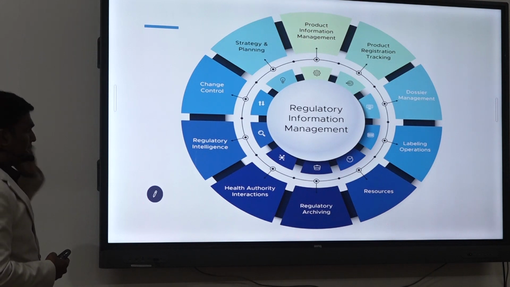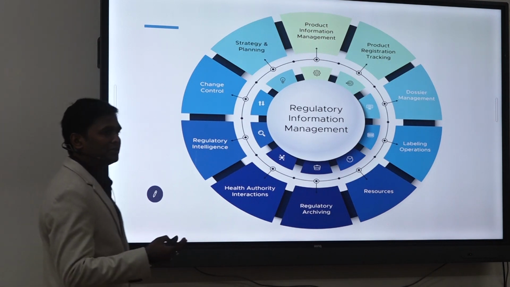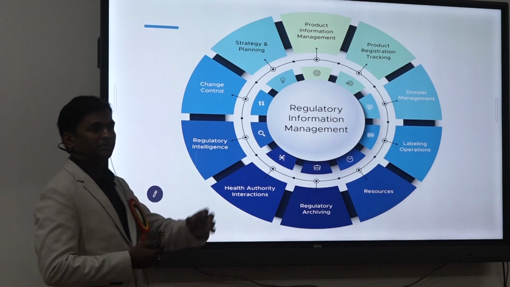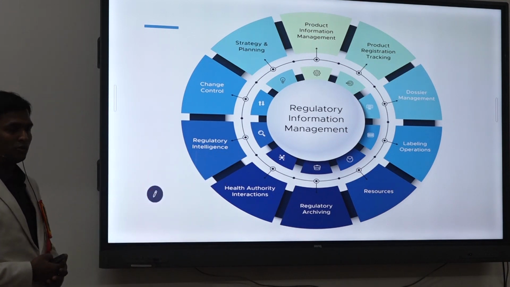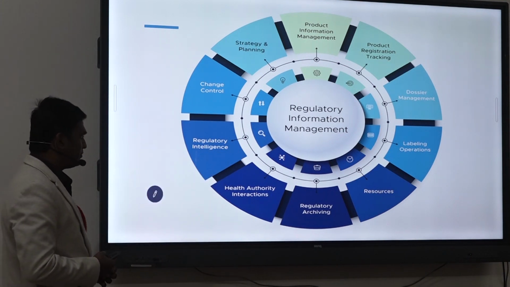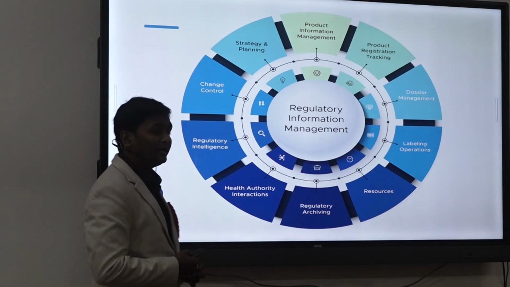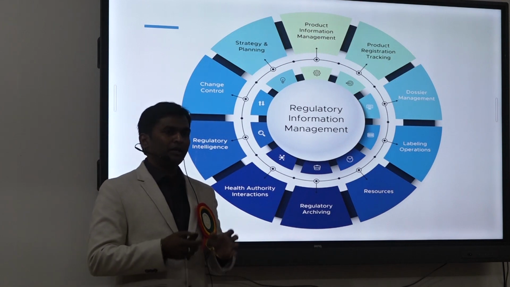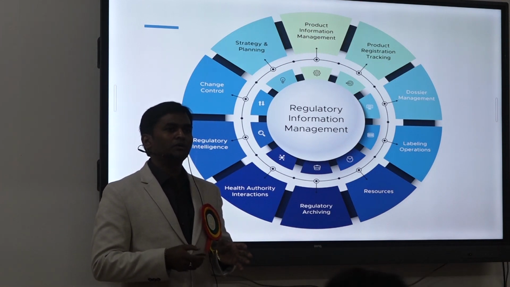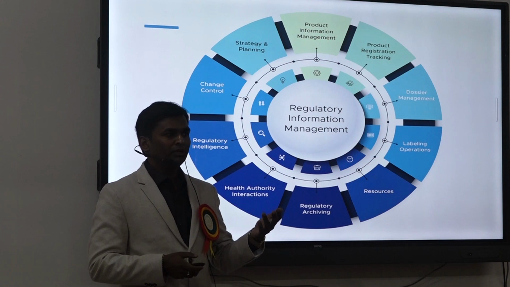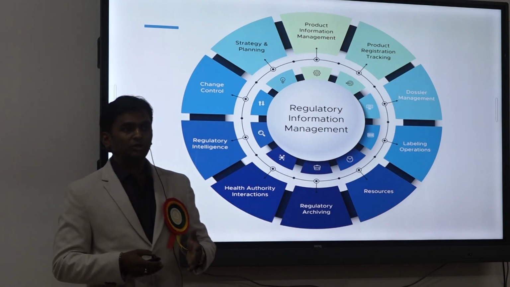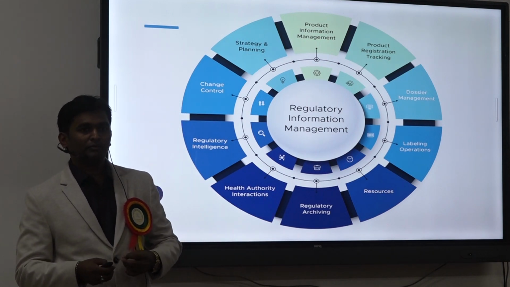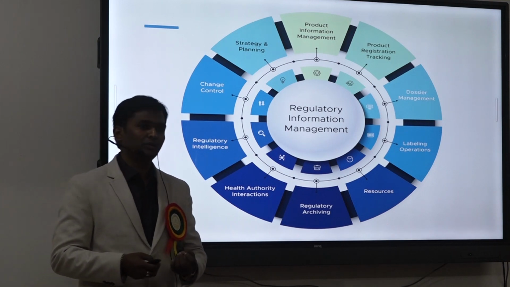Then regulatory archiving: the documents which are not in use, or which can be used for future scope, can be part of the regulatory archiving process. Then regulatory health authority interactions. As I mentioned, a regulatory professional has the right to connect with the health authority in order to answer their queries, and to add or delete something in the dossier.